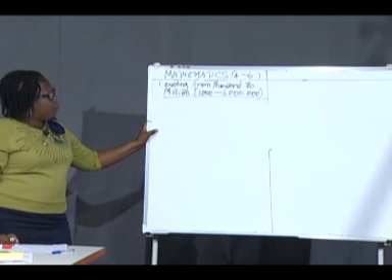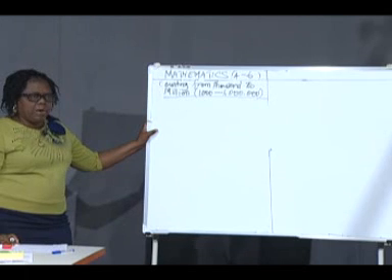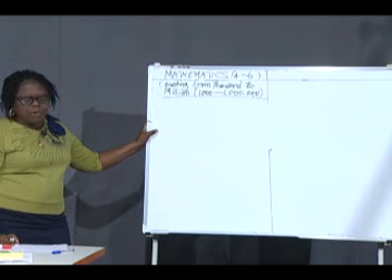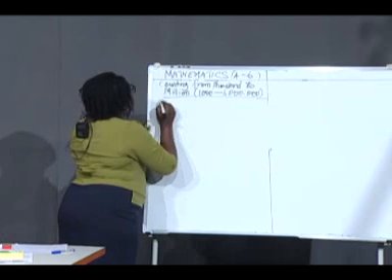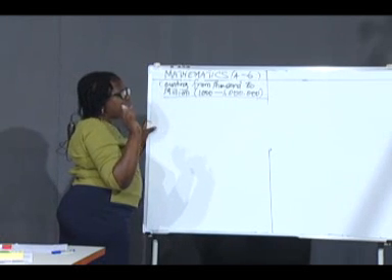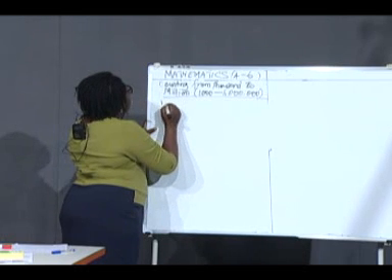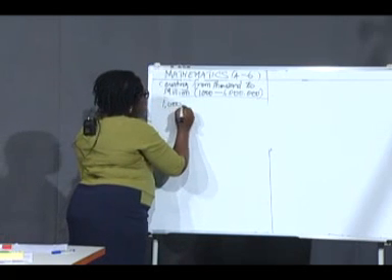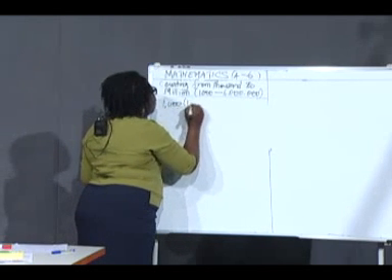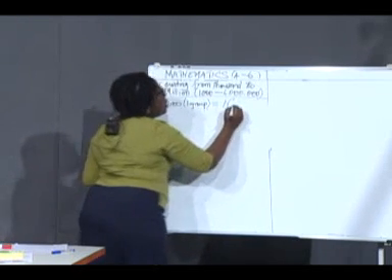In counting from 1,000 to 1 million, we shall have them in groups. But before we go in groups, remember that one group of 1,000 is equal to 1,000.